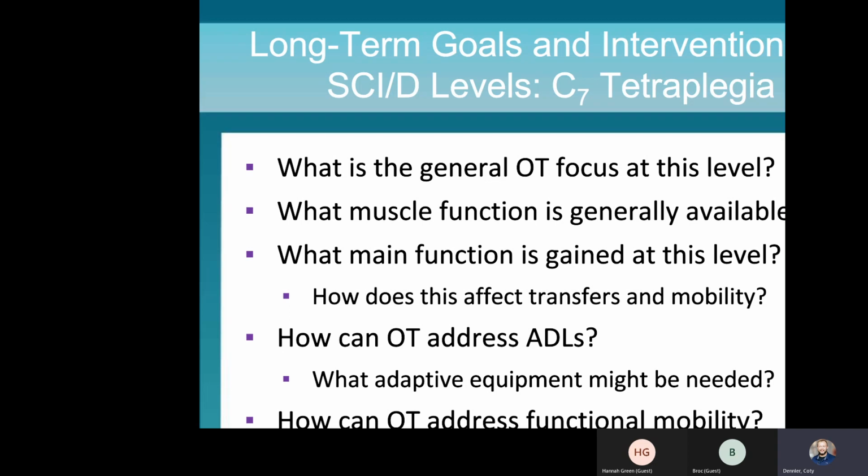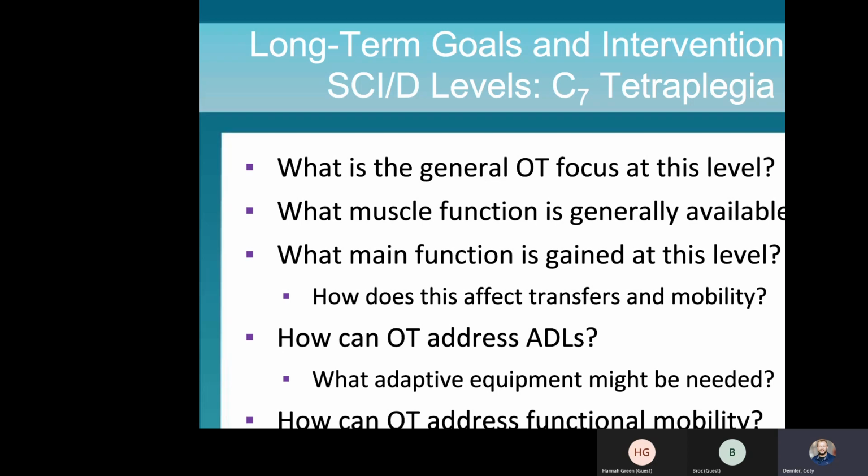And when that spine goes out of shock and the swelling goes down, they may have some return of function at a different level. So you don't want them to lose what they have in case they do have that return of function. Okay.